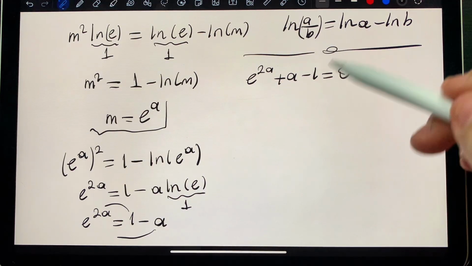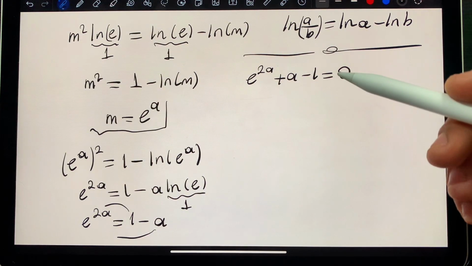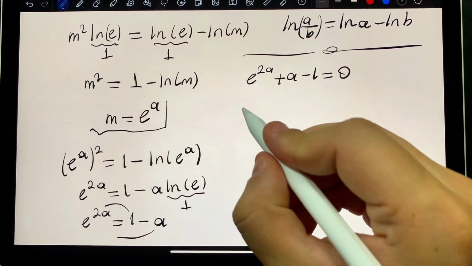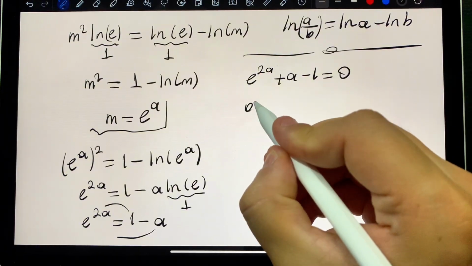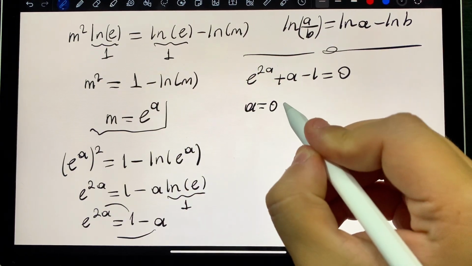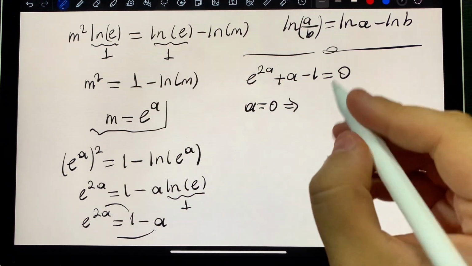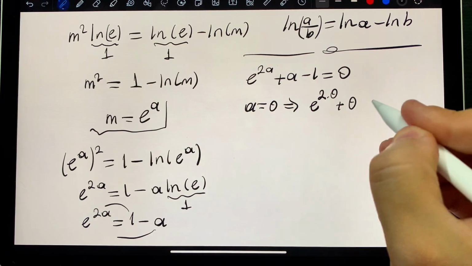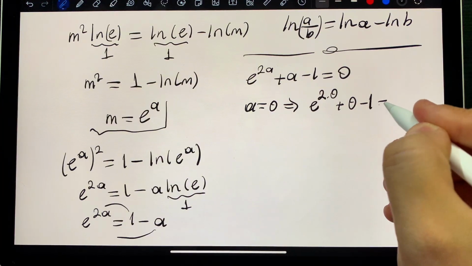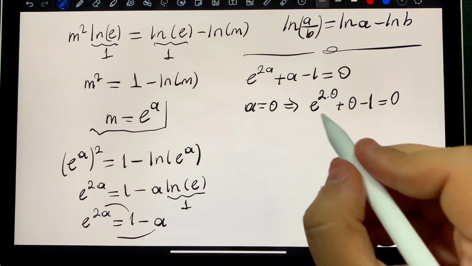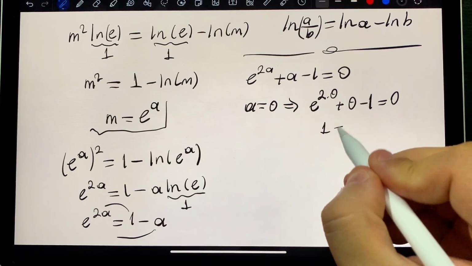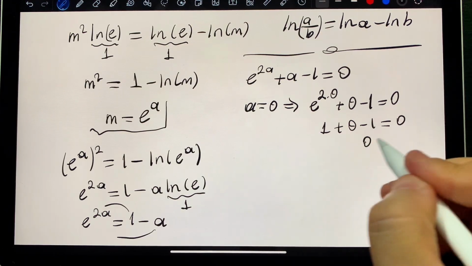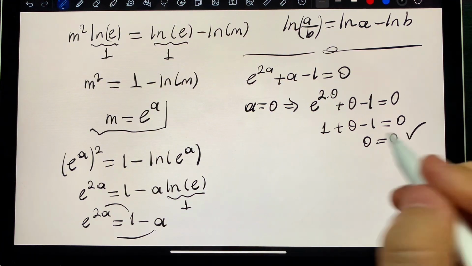Then, think. Yes, a equals 0 implies e power 0 plus 0 minus 1 equals 0. 1 plus 0 minus 1 equals 0. 0 equals 0. Yes.